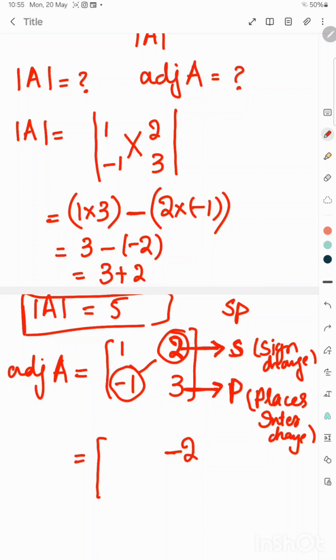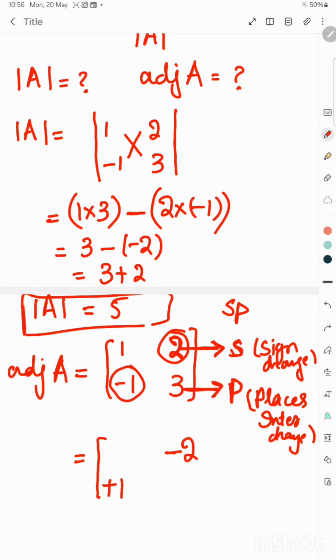So I will change the sign of this minus 1. Minus minus 1 will become plus 1, as minus into minus is plus. So what I get here is plus 1.